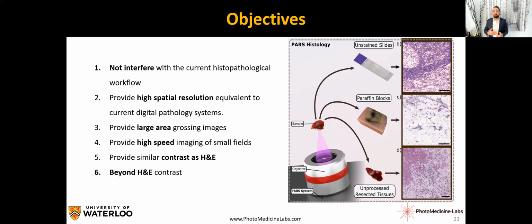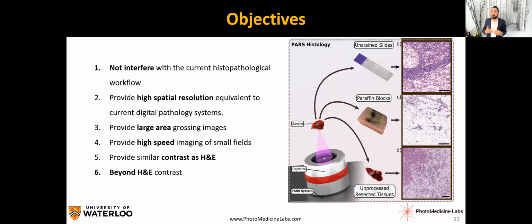We want to make sure we have a very good resolution that matches perfectly with the gold standard. The ideal case is we want to image the entire tissue in the fastest possible way, even less than 10 minutes, even less than a few minutes, rather than waiting weeks, and provide, as I mentioned, the exact same H&E images.